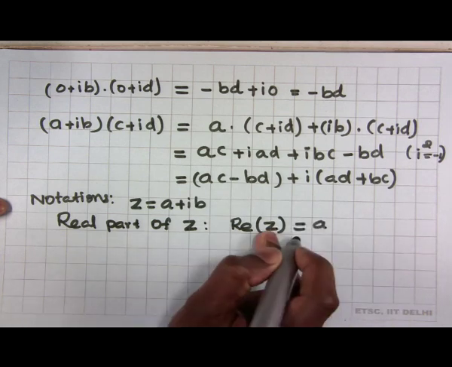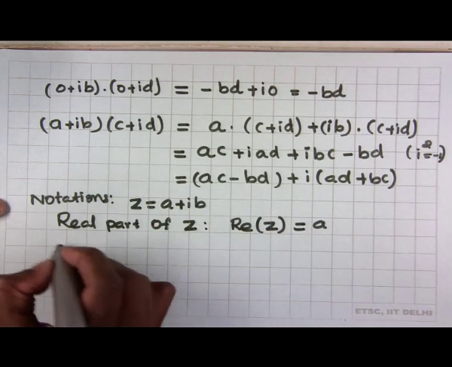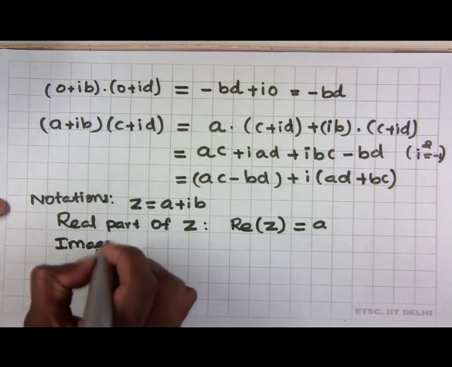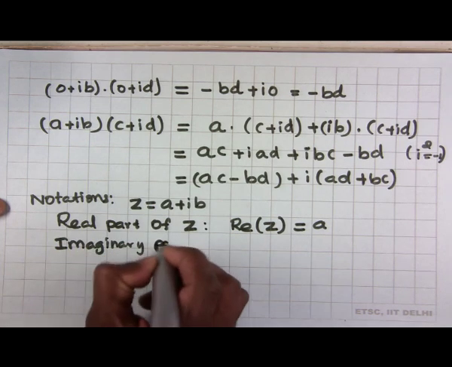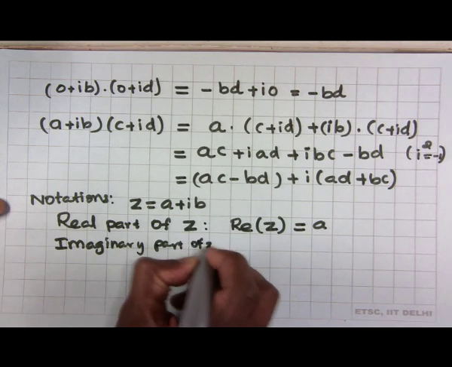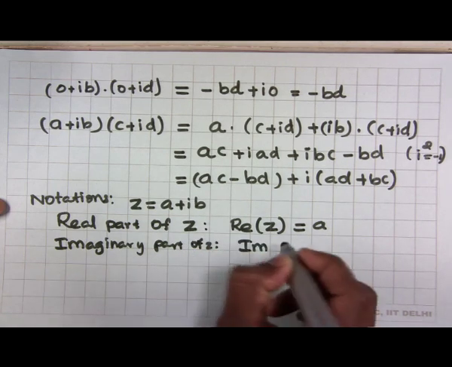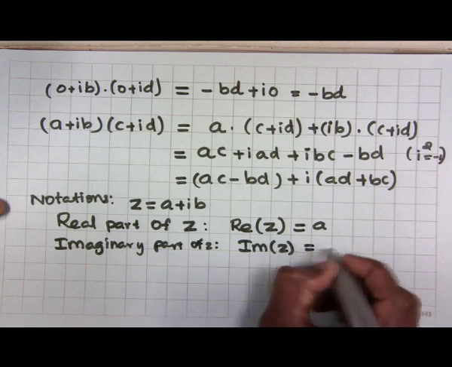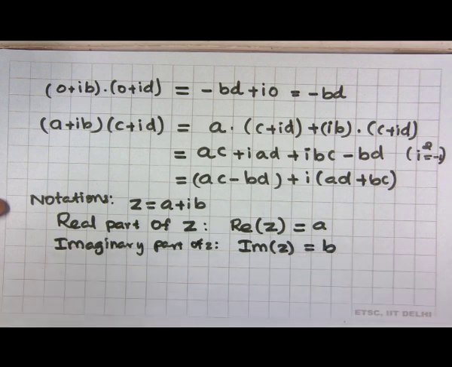So the real part of Z is a, and the imaginary part of Z, for which we use the notation Im Z, is b.